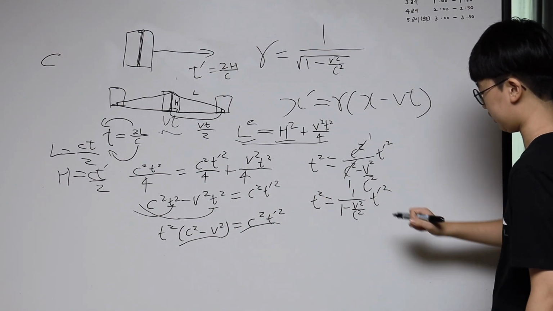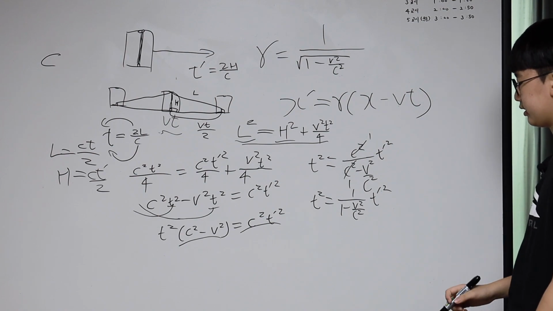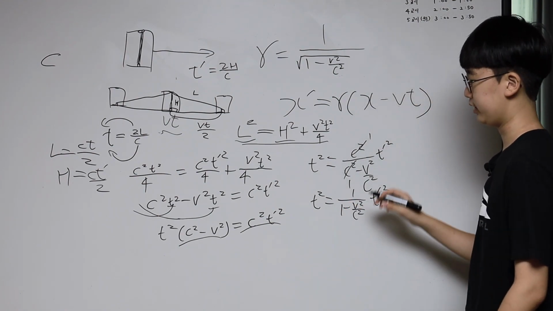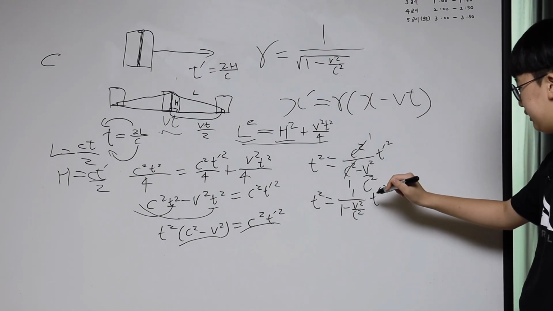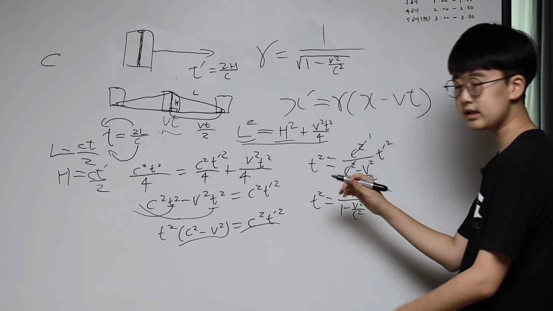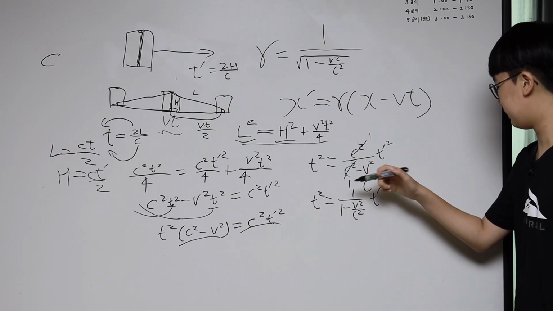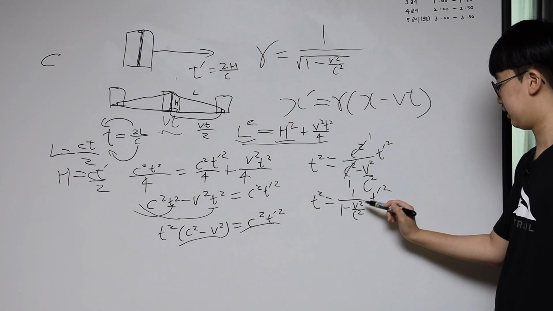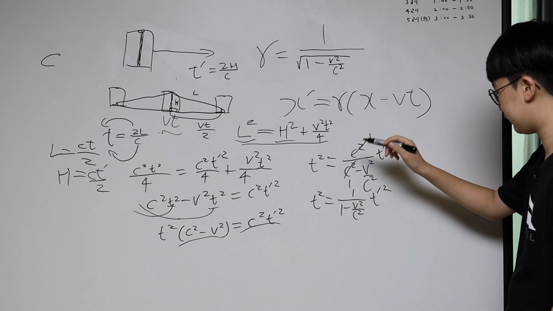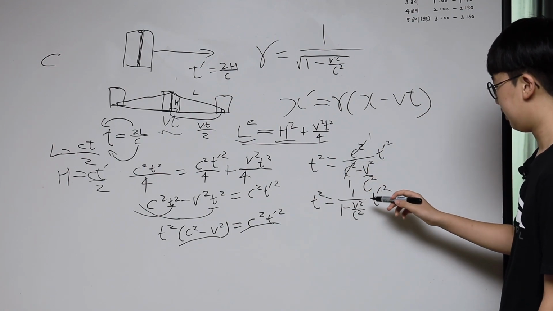And because these are all squared, we put a square root on everything, so this becomes a square-rooted one.